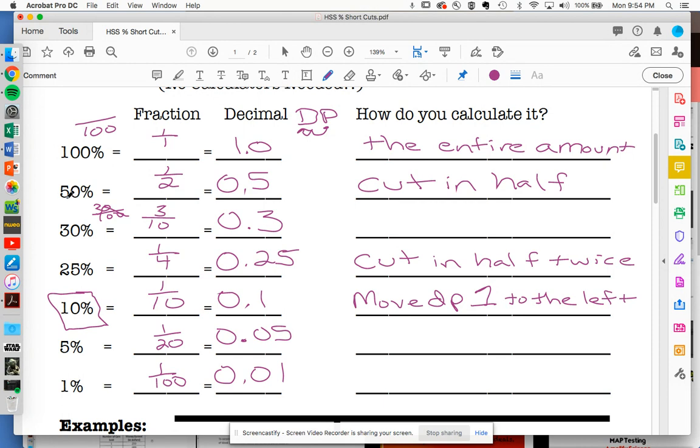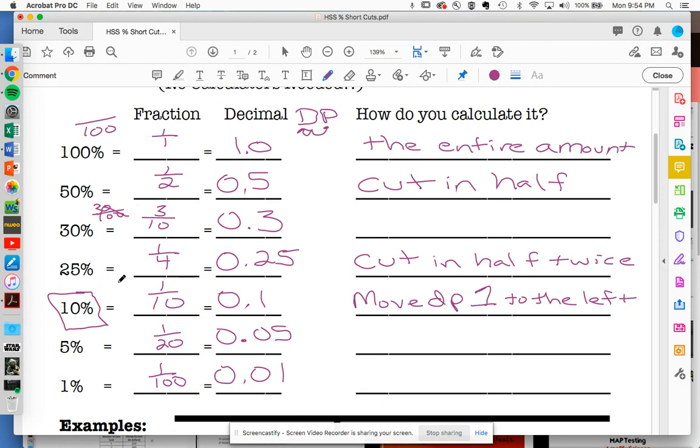I just move my decimal point 1 to the left. That's $5. Let's say that I had $30. Well, what's 10% of $30? I move it over 1. It's $3. What about $25? 10%, move it over. 10% of $25 is 2.5 or $2.50. Okay, very easy.